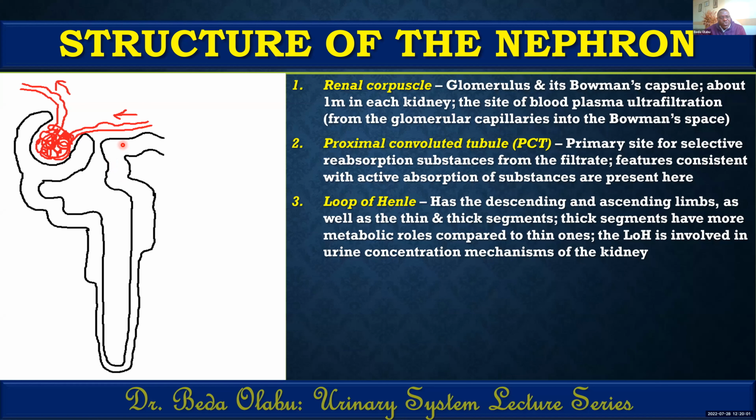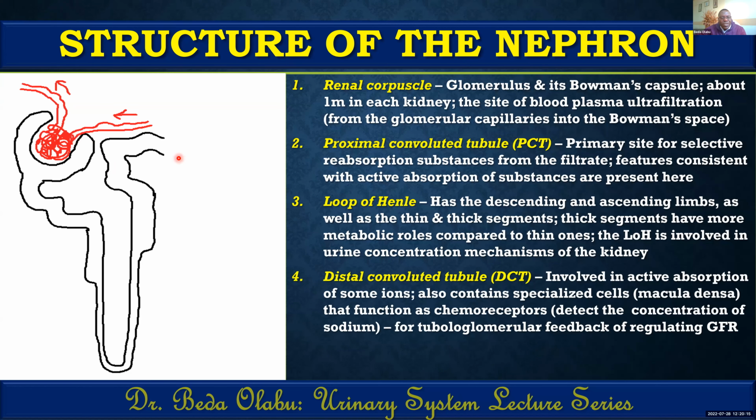Now, the junction between the thick ascending limb and the DCT makes contact almost with the renocorpuscle, the parent renocorpuscle, and that region contains some specialized cells which we call the macula densa cells. The key role of the macula densa cells is that they are chemoreceptor cells. Their major role is to detect the concentration of sodium within the renal tubules.